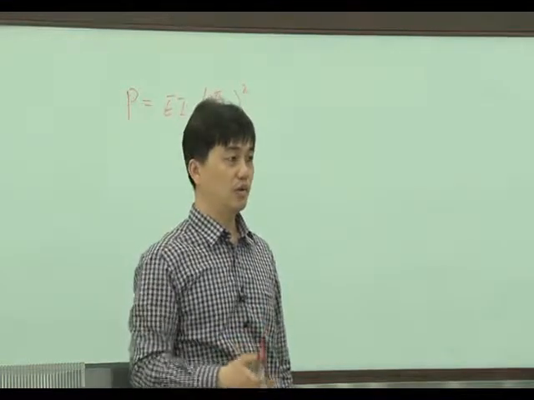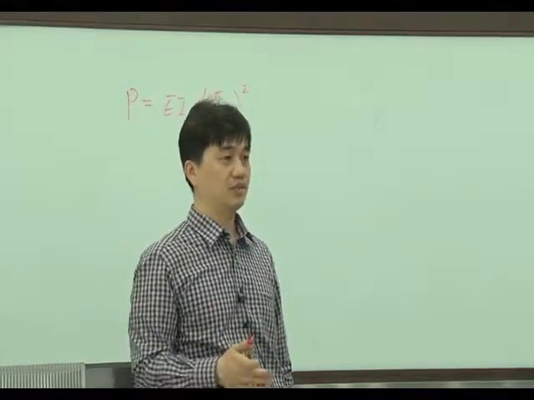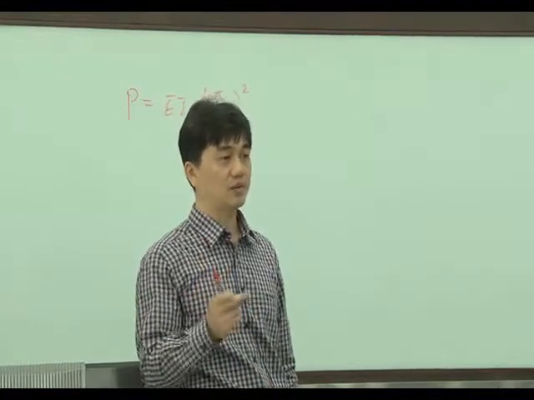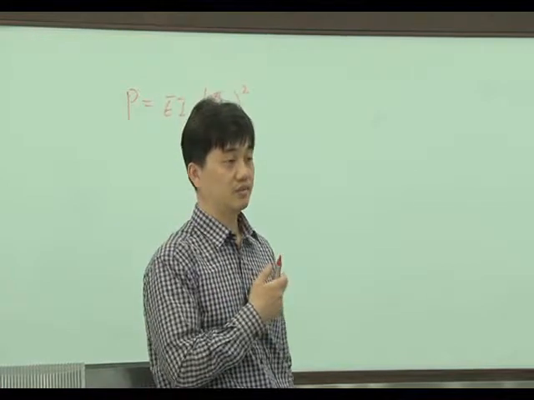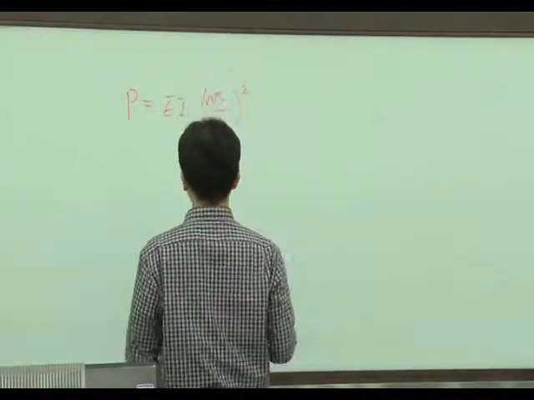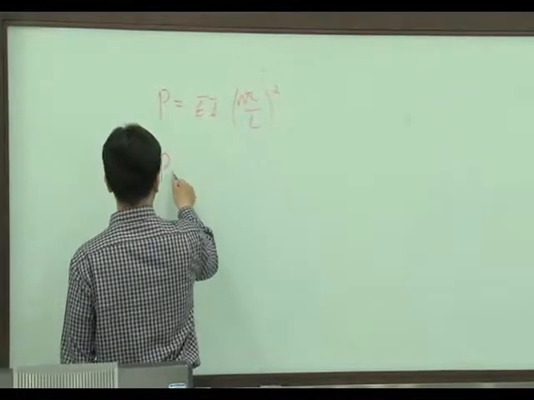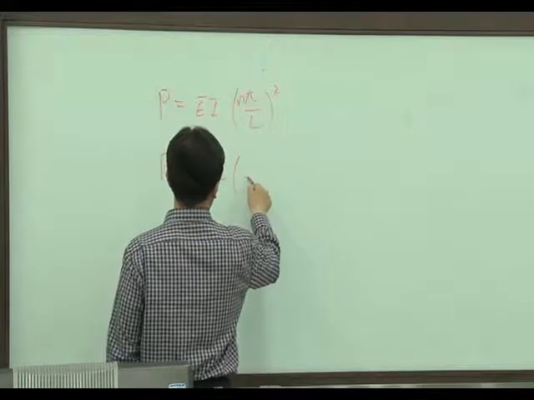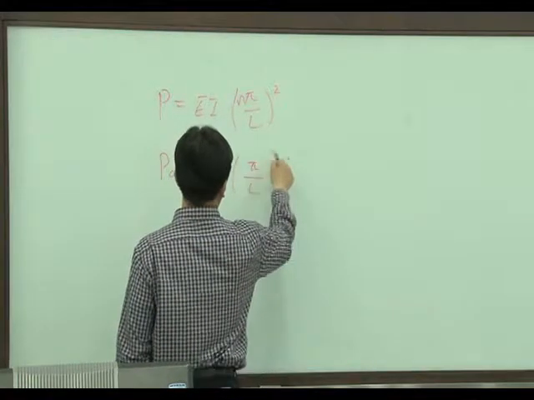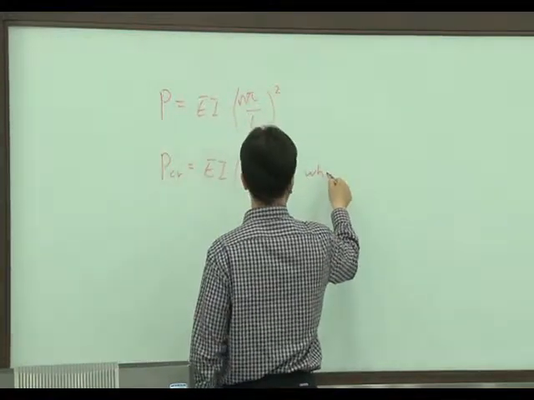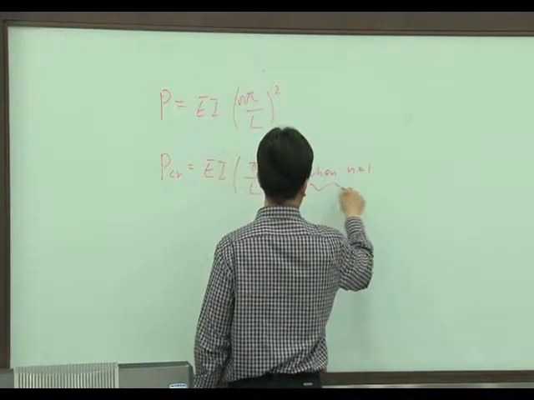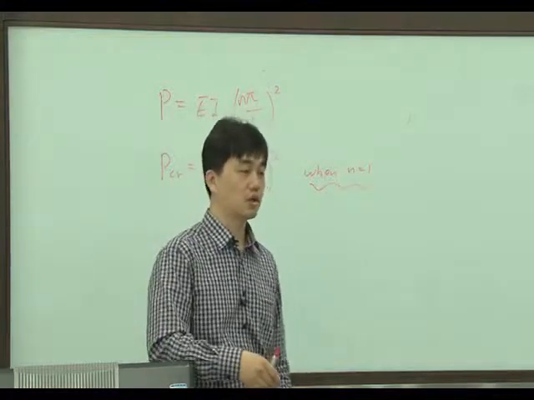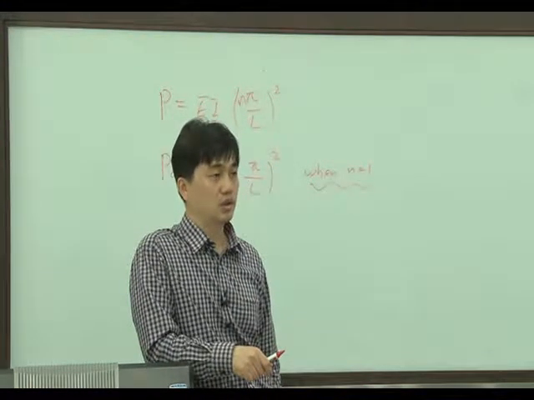But from all the possible n, starting from 1, 2, 3, 4, when n equals 1, that load P is smallest. So PCR is defined by EI (pi over L) squared when n equals 1. This is the smallest critical buckling load for the column.